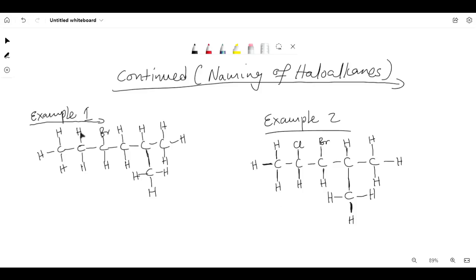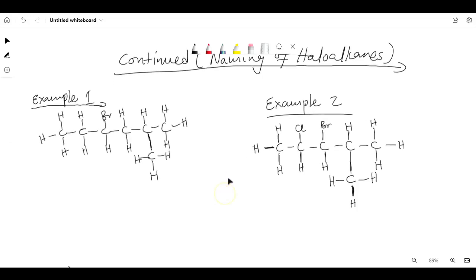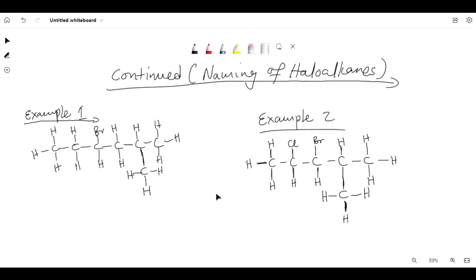So now let's start with example 1. Remember the guidelines from the previous video that we did, the one on naming haloalkanes. If you haven't seen it, please go back and see those guidelines before attempting this one.